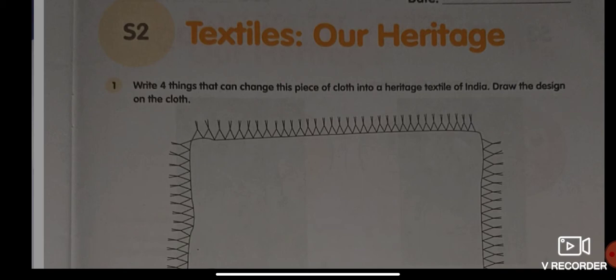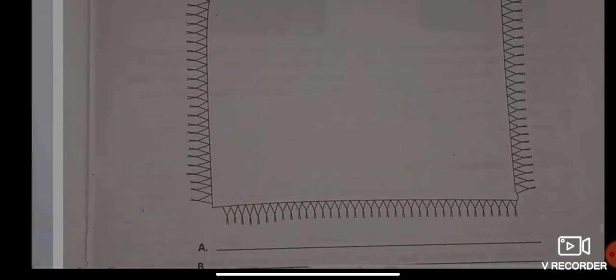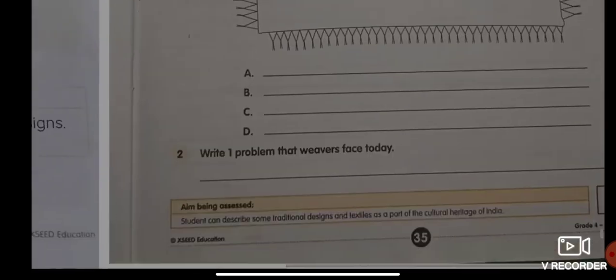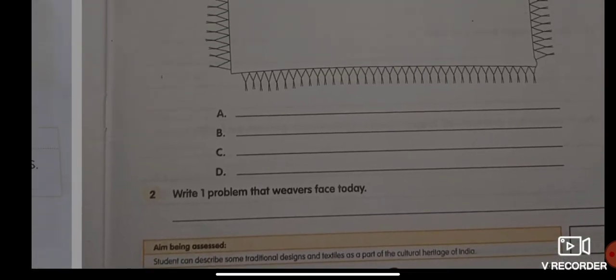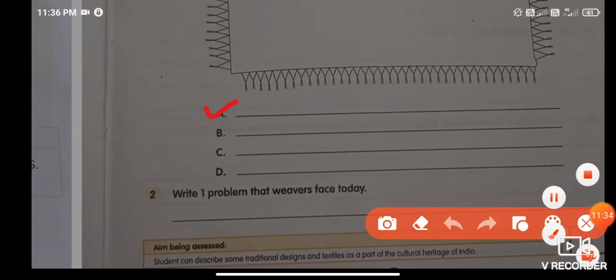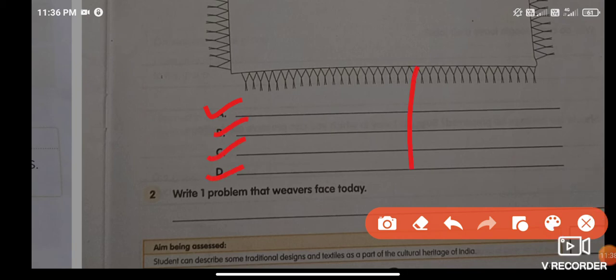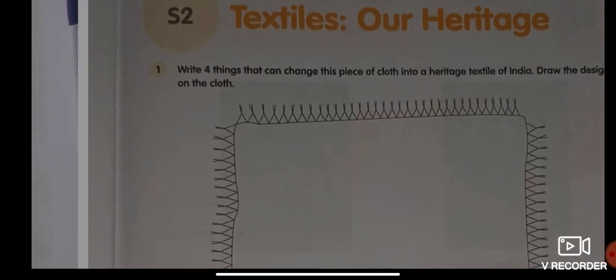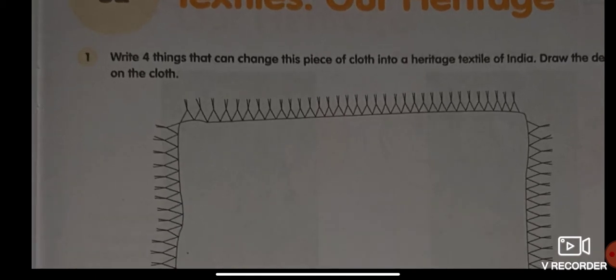Write 4 things that can change this piece of cloth into a heritage textile of India. Draw the design on the cloth. So this is a cloth, okay. You have to first see A B C D is given. So you have to write 4 things that can change this piece of cloth into a heritage textile of India.